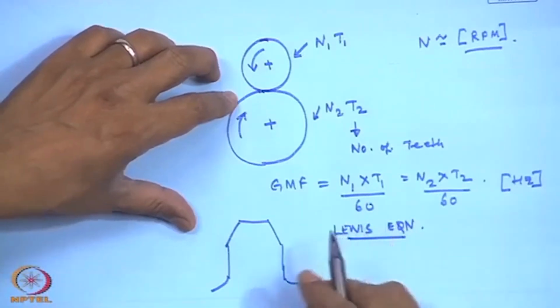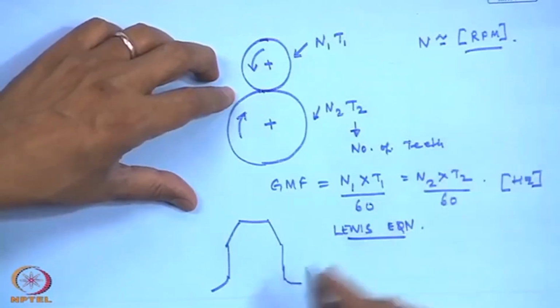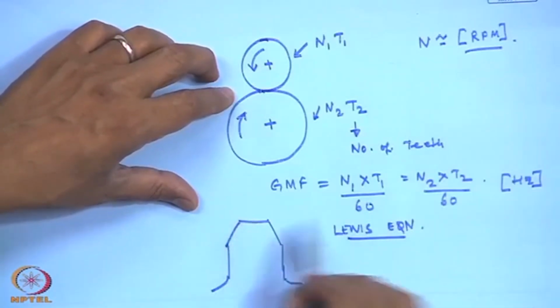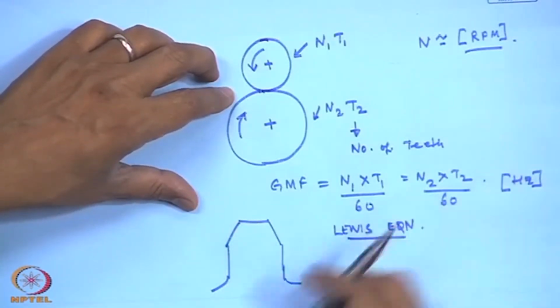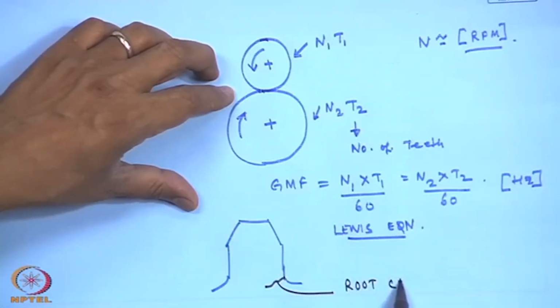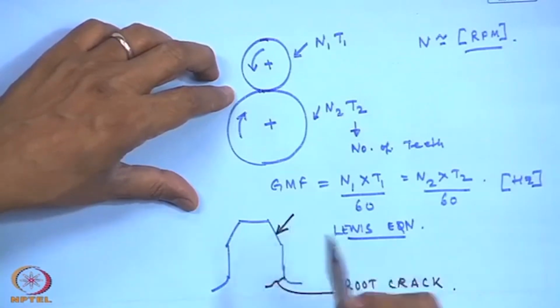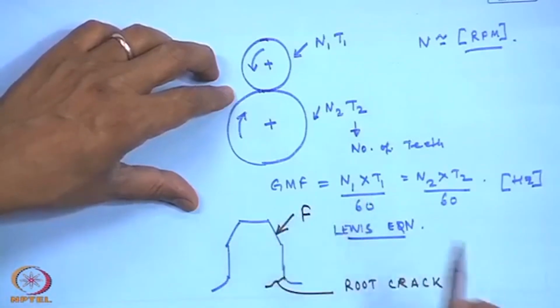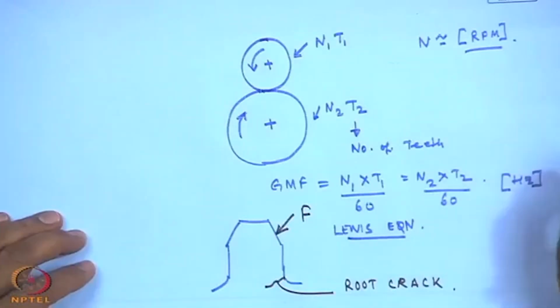In a gearbox design, those of you who do gear design use that. And because this is like a cantilever, there will be failures, and these are usually the root crack, because excessive loads came onto the gearboxes.